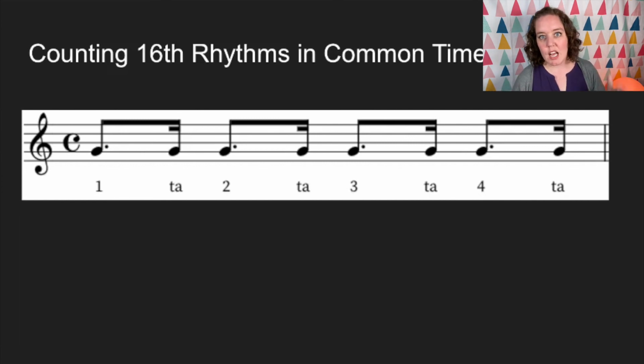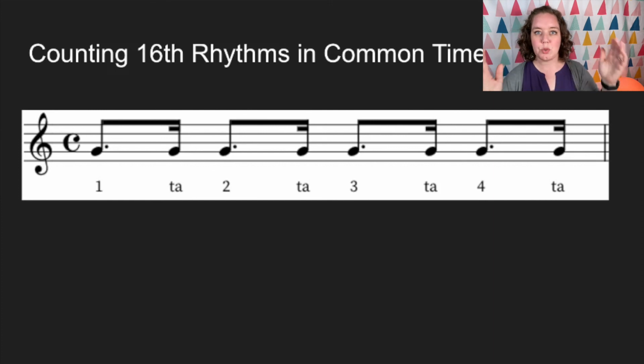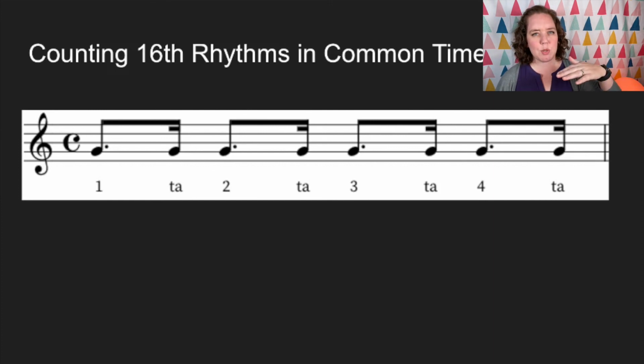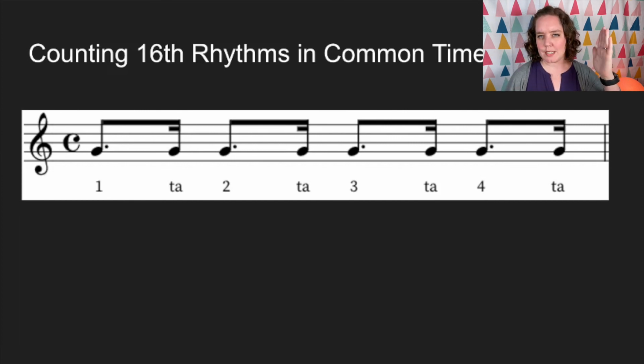And then the same thing with tas: 1, ta, 2, ta, 3, ta, 4, ta. Or I'll have my students just bump the and or the te. 1, 2, 3, 4, and it helps them to put that in the right spot.